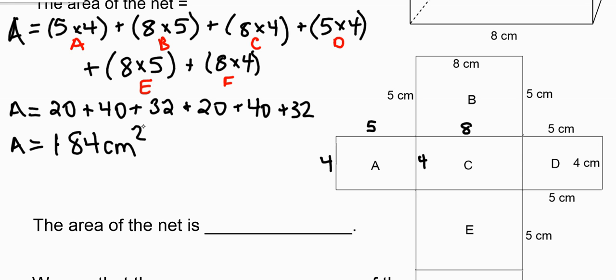So the area of this net is 184 centimeters squared.